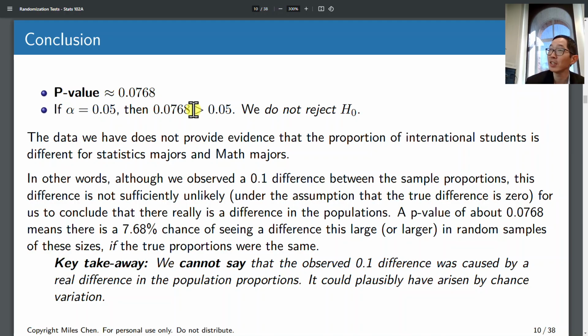So at the end of it all, we cannot say that the observed difference of 10 percentage points was caused by a real difference in the population proportions. It is entirely plausible that it was the result of just chance variation, that there's actually no difference in the populations, and just by randomness you get a 10 percentage point difference between your two proportions.